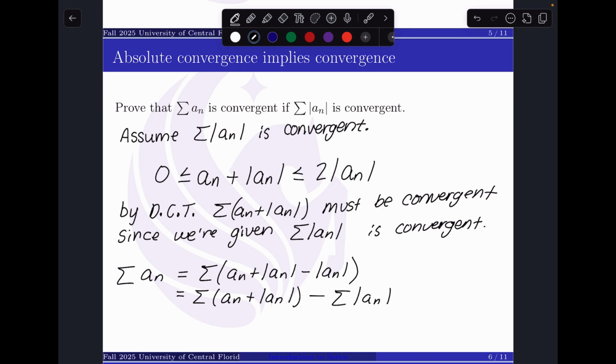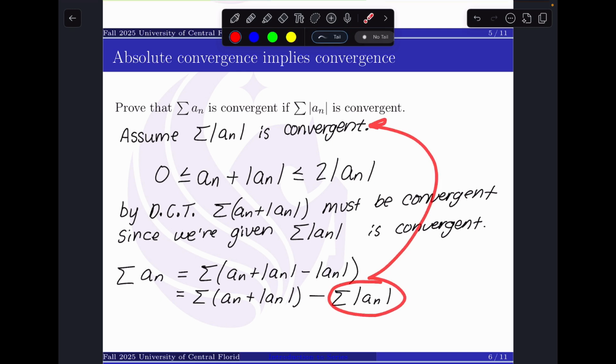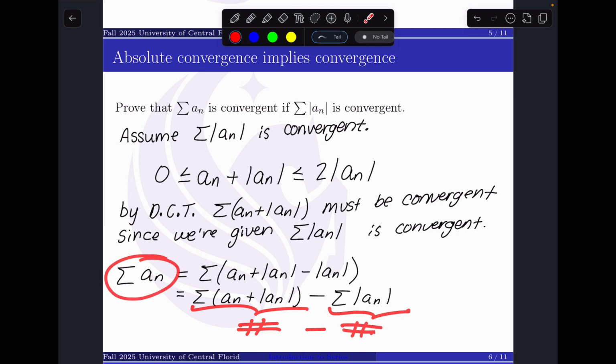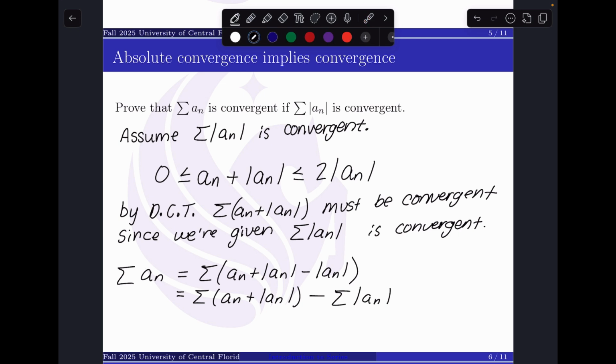I can break this apart because I know that this guy is convergent because we were given it, and this guy is convergent. We showed it by the direct comparison test. And if this is convergent and this is convergent, then I have a finite number minus a finite number. And so we actually just showed that the series for a sub n must be equal to a finite number. So this must converge.